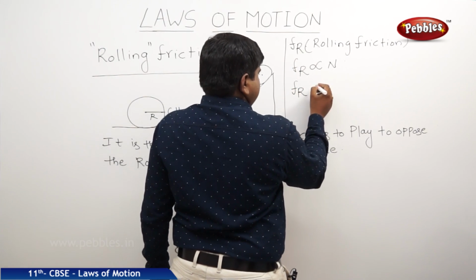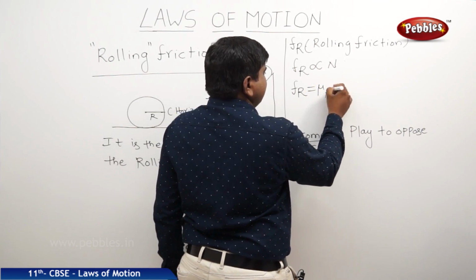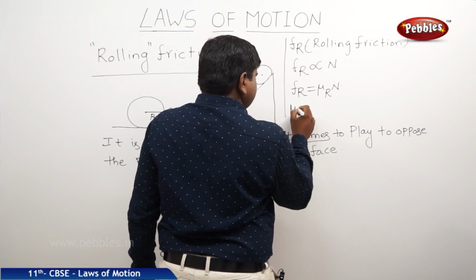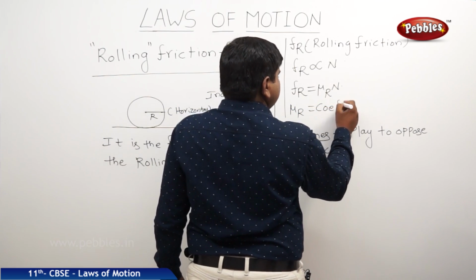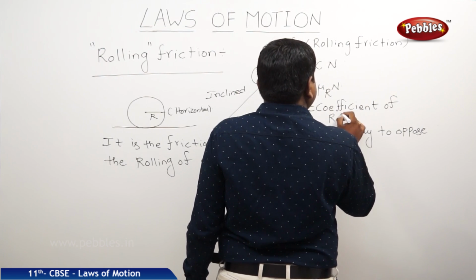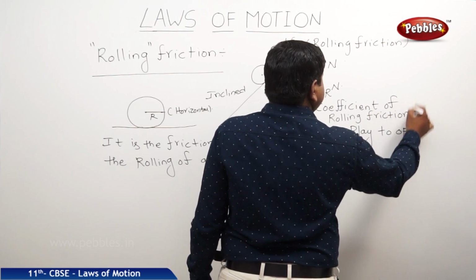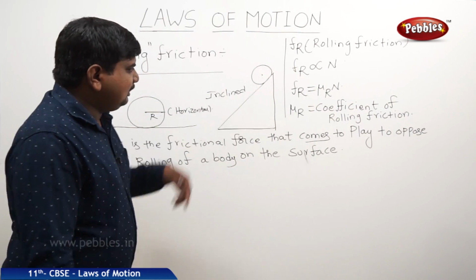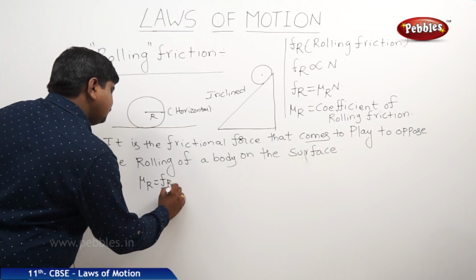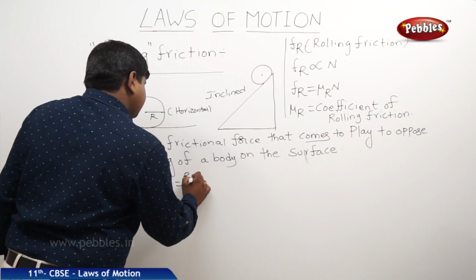If the proportionality constant is introduced, it will be replaced by mu r N. This mu r is the coefficient of rolling friction. So, what is the definition of the coefficient of rolling friction? Mu r is equal to Fr by N. Therefore, it is the rolling friction divided by the normal reaction force.